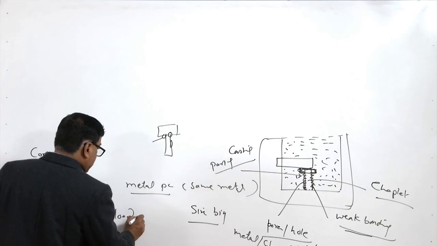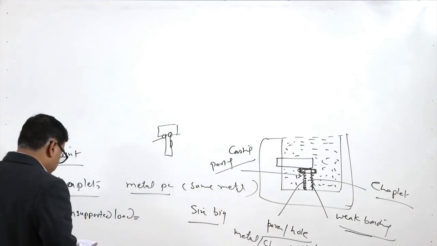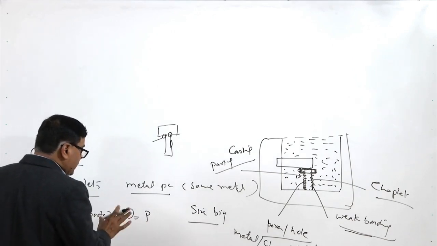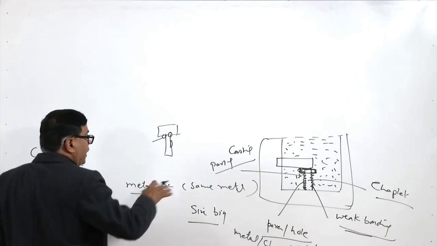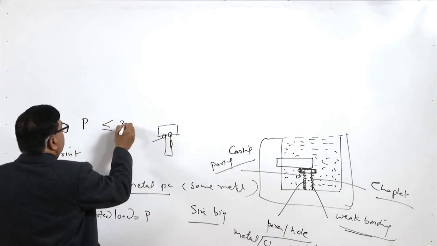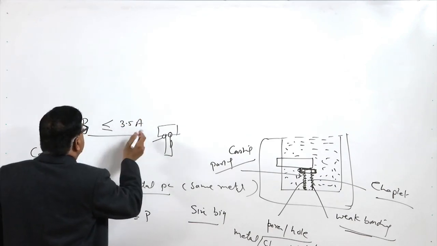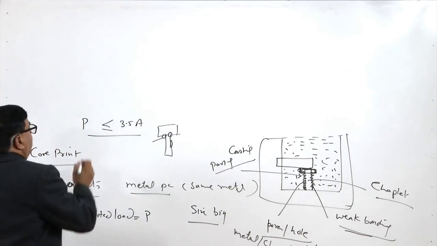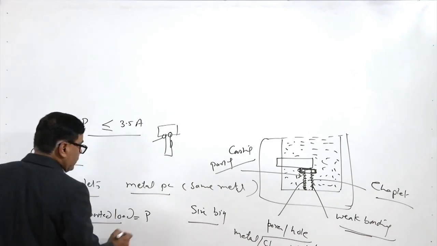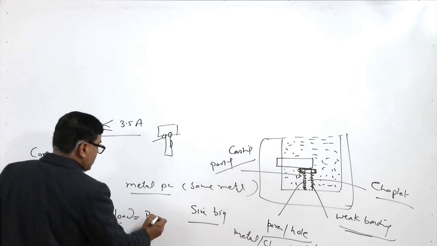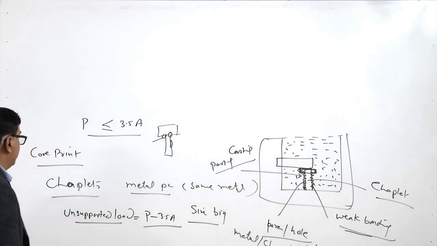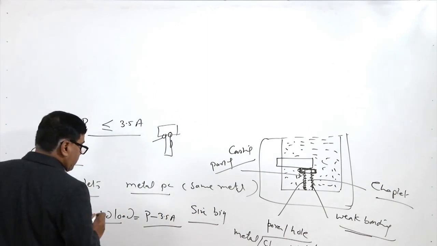For this purpose we use one equation for the unsupported load, in the situation when the earlier equation was not satisfied, that is P is less than or equal to 3.5 A. If this equation is not satisfied, in that case P is still bigger. That will be the value of the unsupported load, and for that purpose we determine 3.5 A. This difference is used for determining the magnitude of the unsupported load.